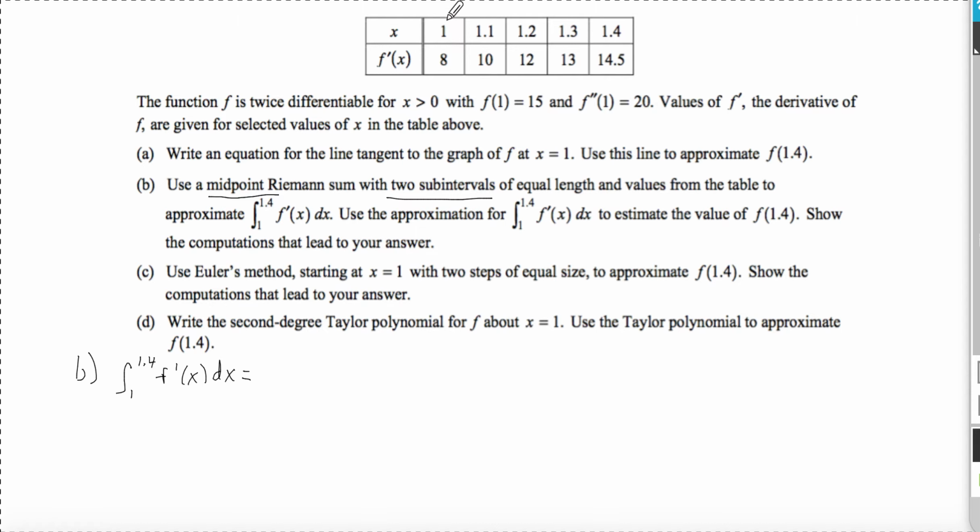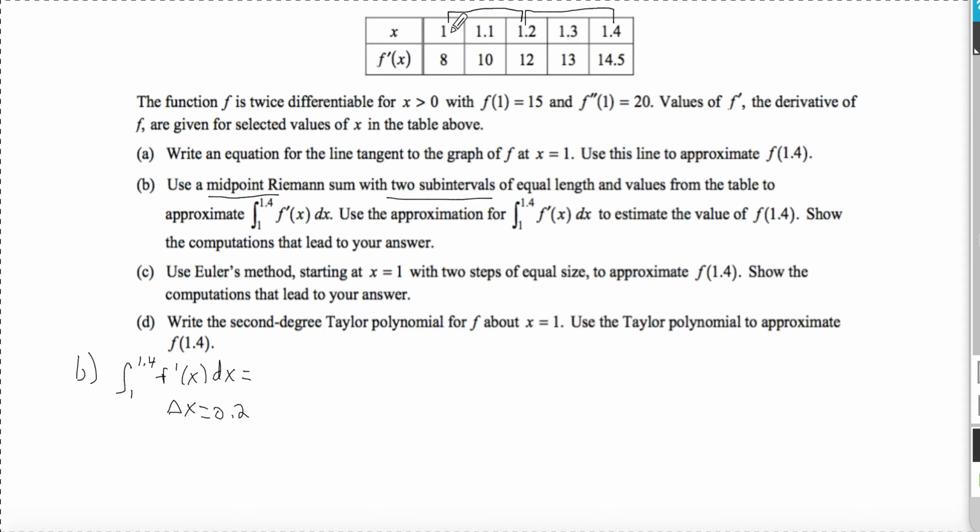Well, if I need 2 intervals of equal length, my first interval would be right there. So my delta x, change in my x value, is going to be 0.2. Because I'm going to go from 1 to 1.2. That's the width of my rectangle. And then 1.2 to 1.4. That's going to be the width of my next rectangle. They're equal delta x's, because that's what we're asked for in the problem.